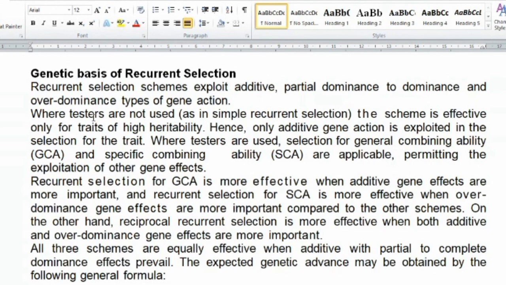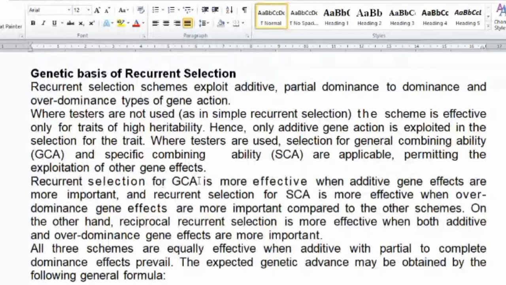that is called simple recurrent selection. Selection for general or specific combining ability is applicable, and therefore we are exploiting other gene effects like dominance and overdominance.